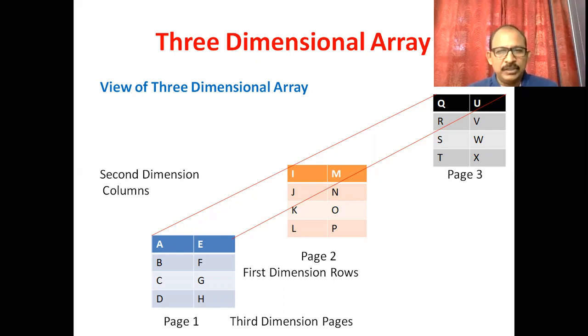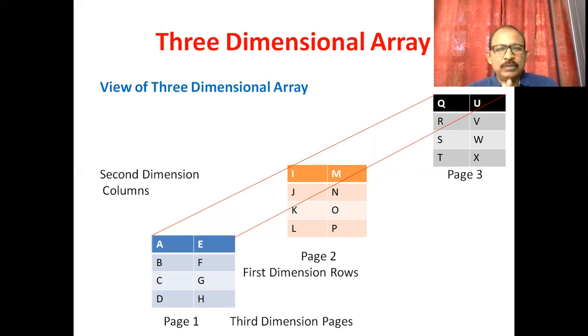In a three-dimensional array, we use three subscripts. The first subscript indicates the row, second subscript indicates column, and next subscript indicates page.